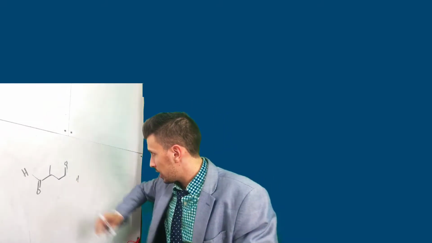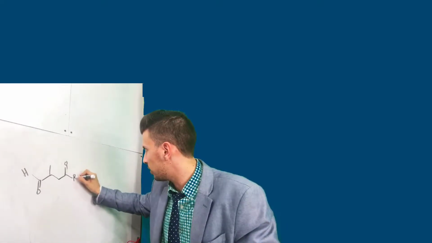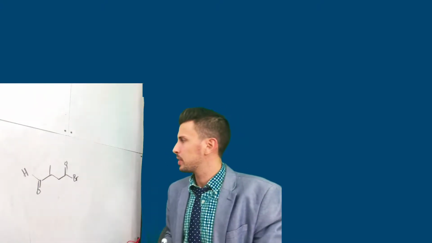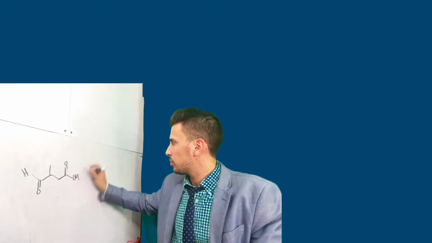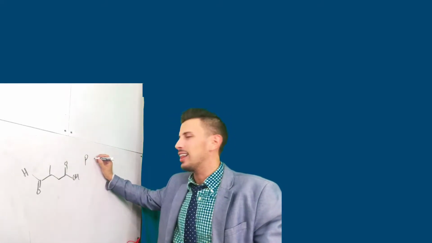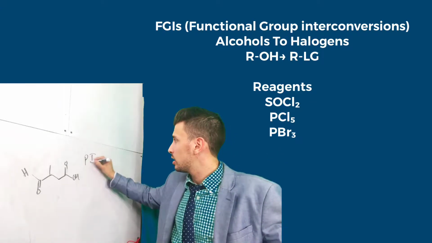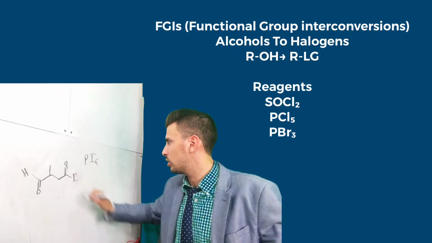So PBr3 is responsible for converting any hydroxyl-containing compound into a bromine. Any phosphorus halogen compound is going to have the same effect. So if you have PI5, the hydroxyl converts into iodine.